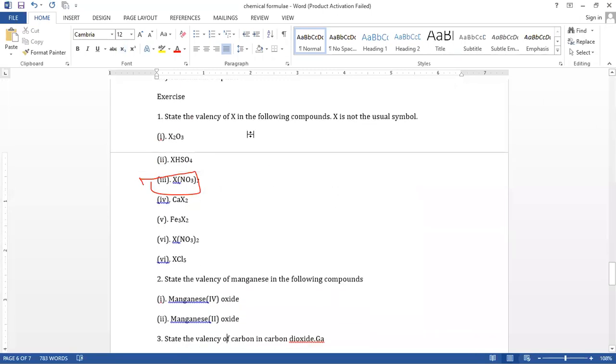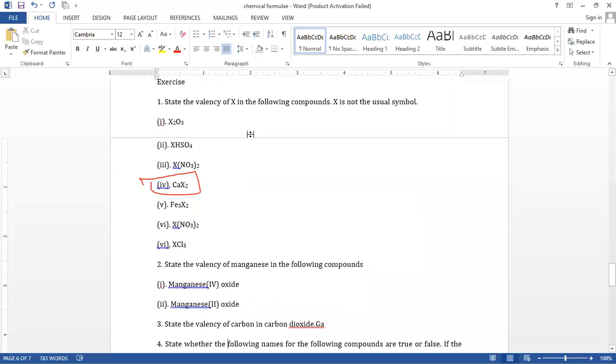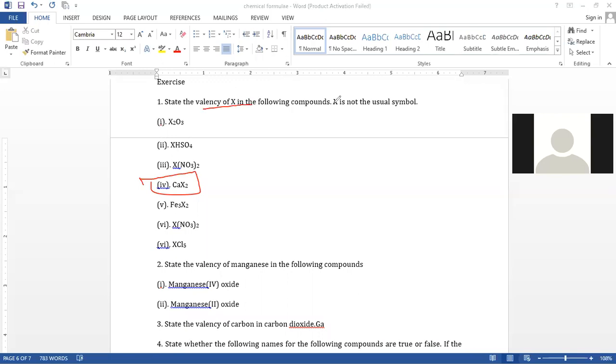And let's hear from Umpire. The valency of X in the following compounds. X is not the usual symbol. State the valency of X.